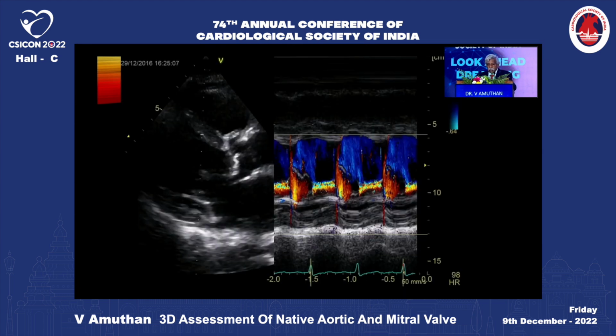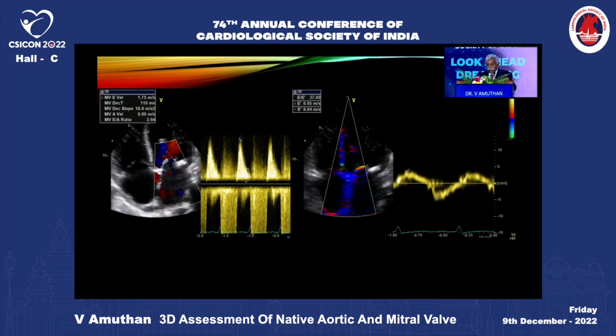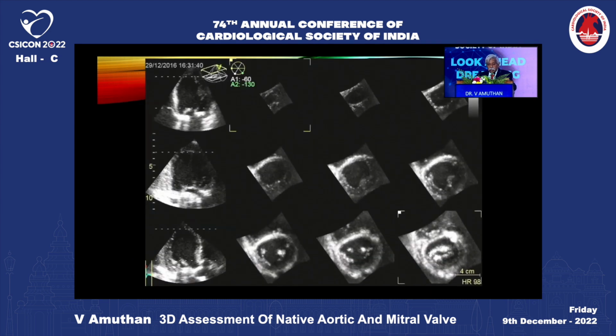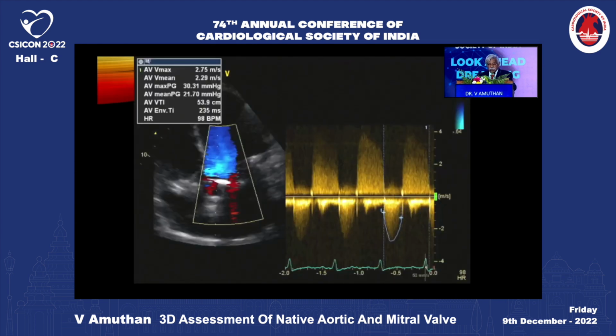This is a case of aortic stenosis. You can see the calcific valve associated with MR, mitral regurgitation, and poor LV function, and reduced GLS. The transaortic mean gradient was only 22, as you see here.